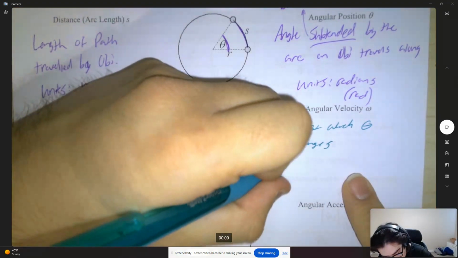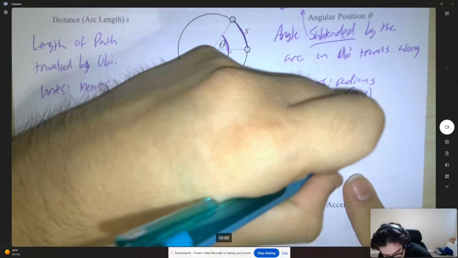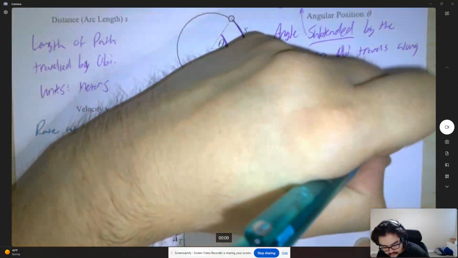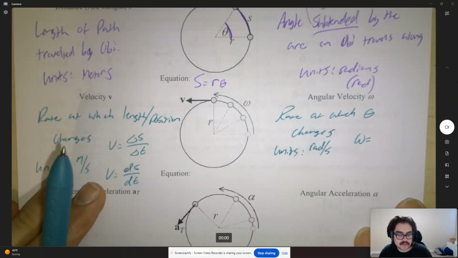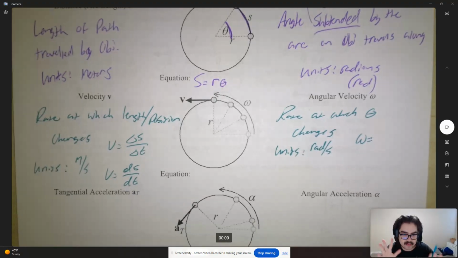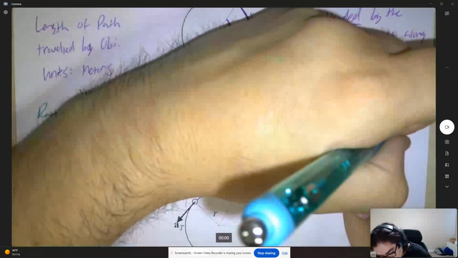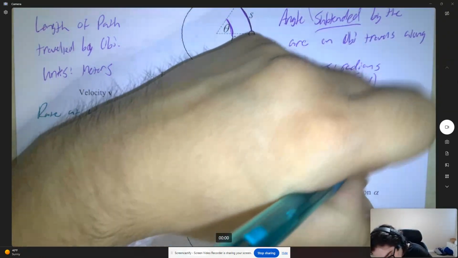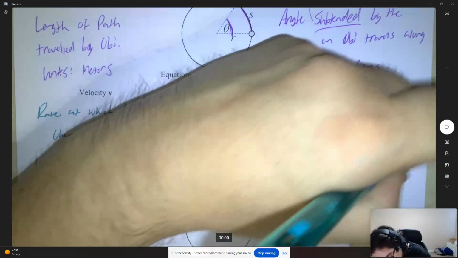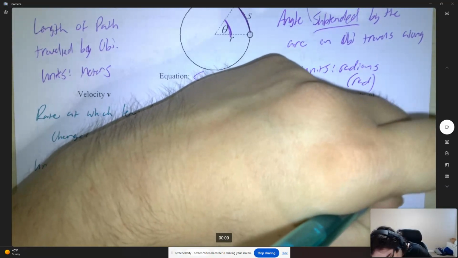The units for that are rad per second. This is called omega. Omega is equal to the change in theta over the change in time, or in Physics C, it's the derivative of the angular position with respect to time.